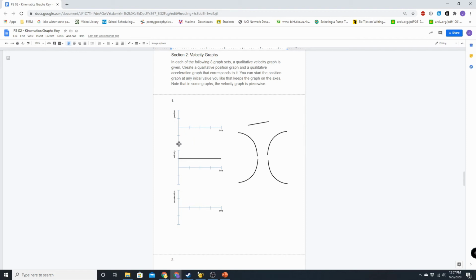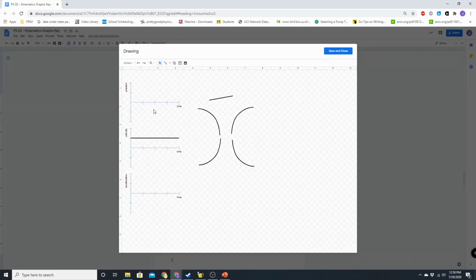The position graph could start at the -2 tick mark and do whatever it needs to do and give you the same velocity graph as if it started at the +2 tick mark, right? Because it's only the slope of the position graph that gives you the velocity graph. So you can start anywhere you like and get the correct answer. But it pays to plan ahead a little bit just so you get a nice looking graph.